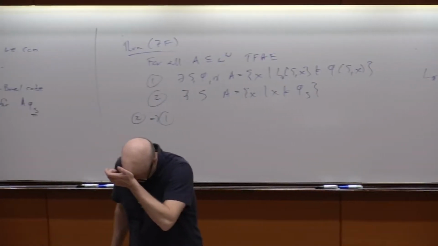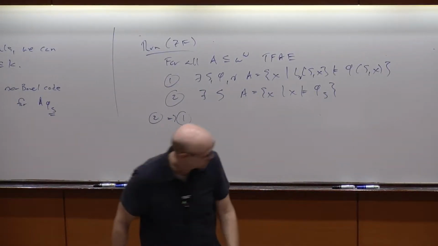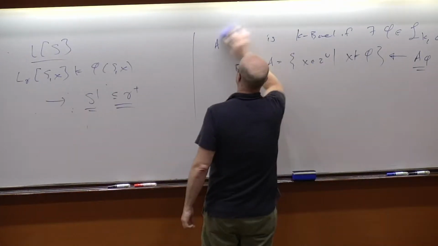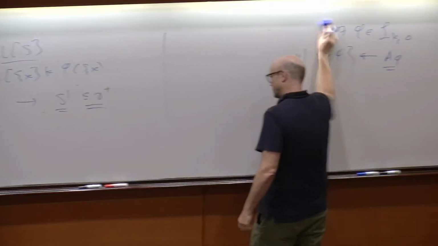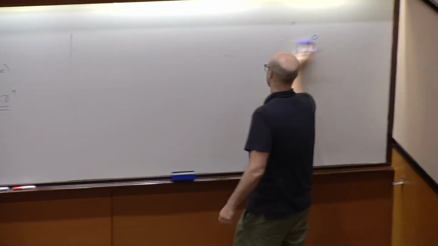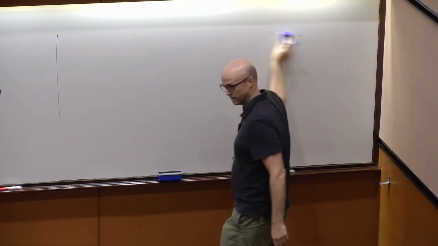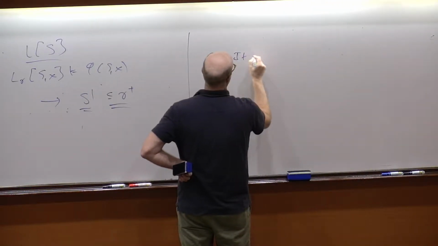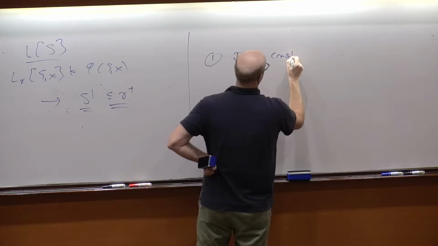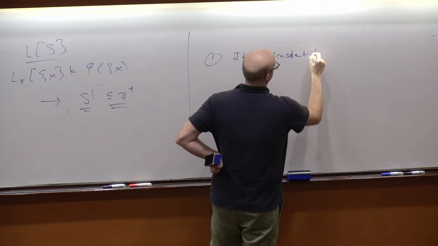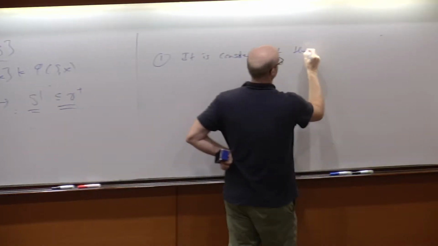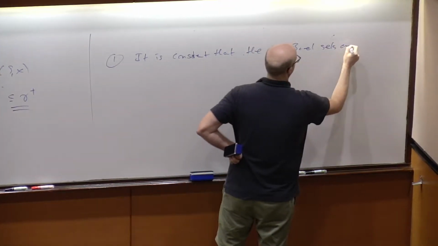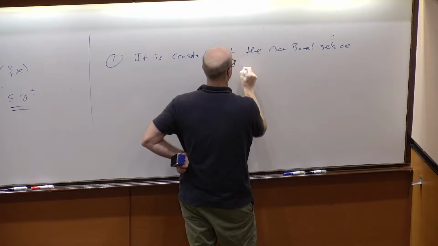All right, so a couple observations about this. First of all, the infinity Borel sets are not always the same as the smallest class containing the basic open sets and closed under well-ordered unions and intersections, right? In general, it is consistent that the infinity Borel sets are not closed under well-ordered unions.